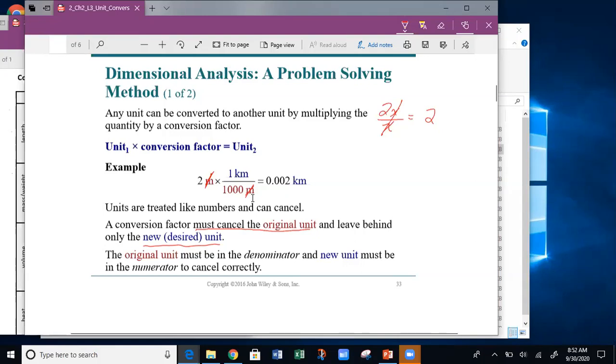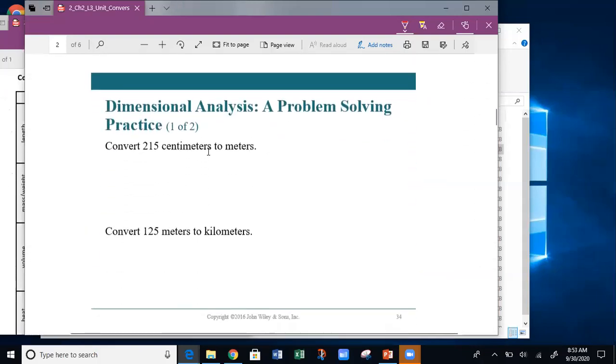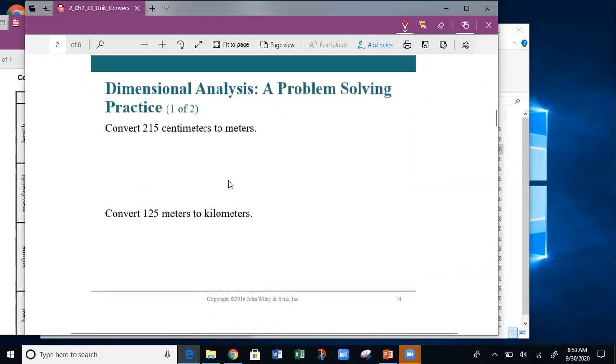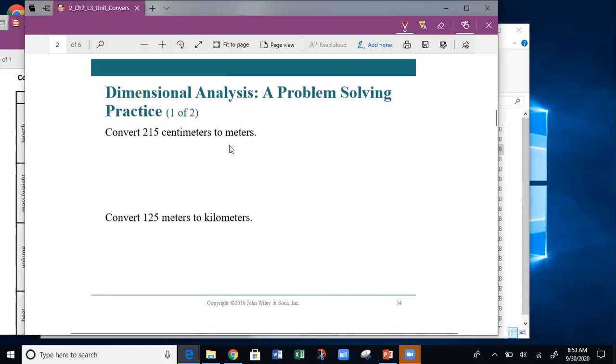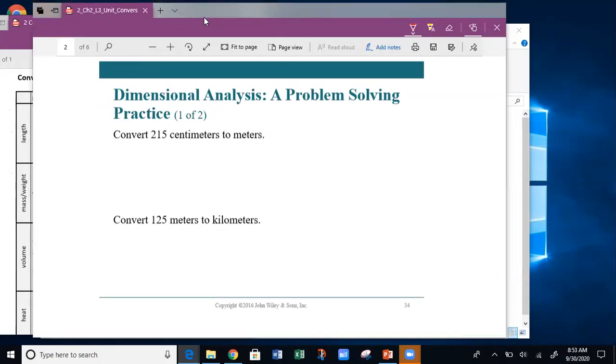So the unit in the denominator always must be the same as the unit that you start with, or if it's a multi-step unit conversion problem, the most recent numerator. So let me take you through the process. These examples include some 1-step unit conversions, and then I'll show you a multi-step in a bit.